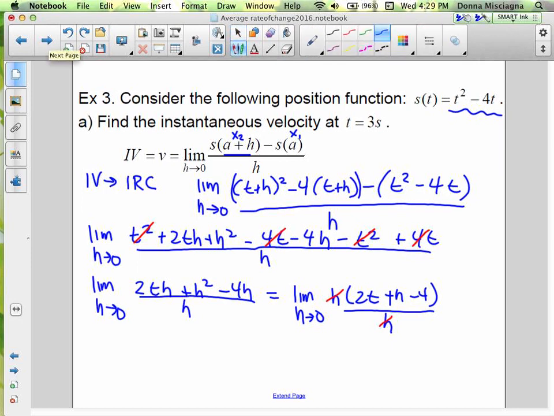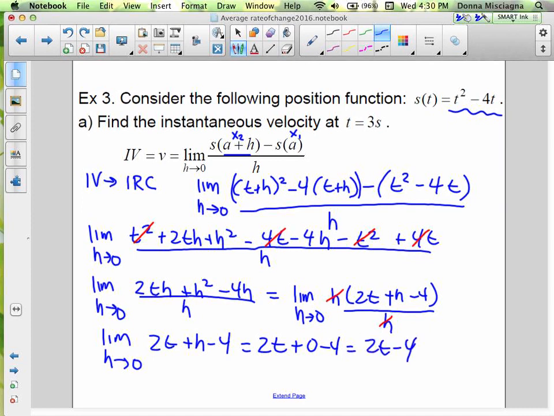So we have the limit as h goes to 0 of 2t plus h minus 4. I'm going to plug in 0 for h, and I have 2t plus 0 minus 4, which is 2t minus 4.